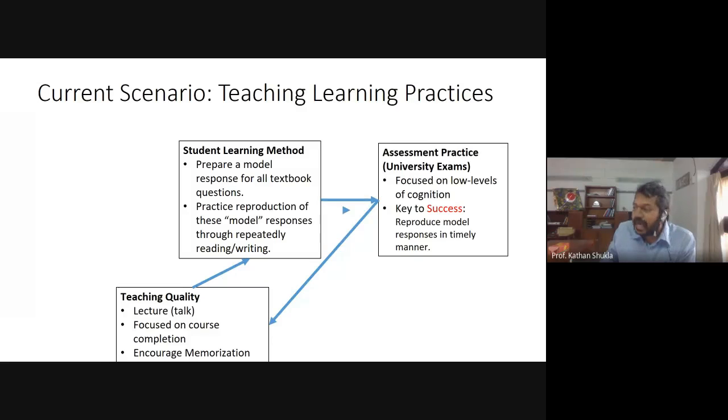And to be frank, when that is the context, what teaching do you need for it? Teaching for this is something that Professor Sonal was doing. She was conducting lectures, with a lot of PowerPoints with all the content points, talking about that.